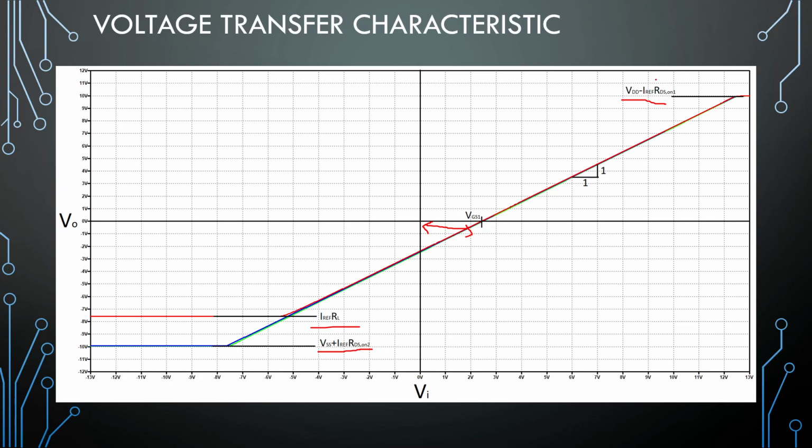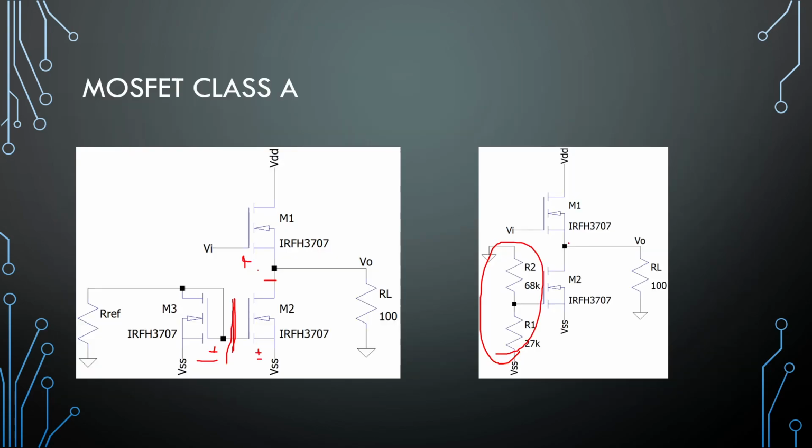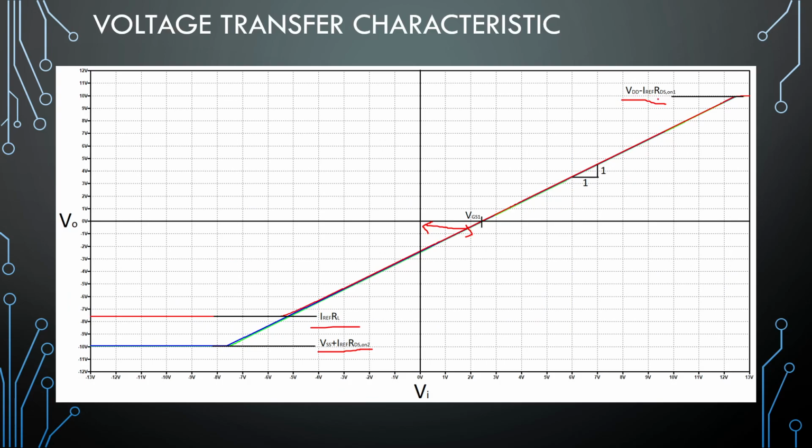Now this RDS on is, every MOSFET when it's completely on has a very small resistance through it right here, typically in the milliohm range. So a couple of milliohms times a milliampere current kind of deal. This is a very small number. This one as well.